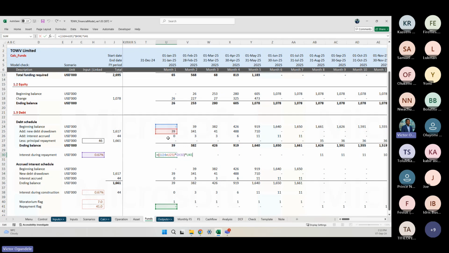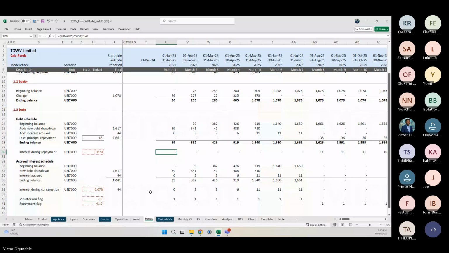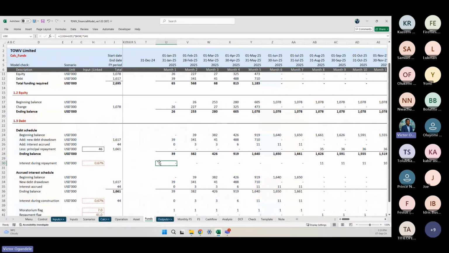As I said, we assume it is more like a month, so we are assuming an end-of-the-month debt drawdown. Which means if I take a debt this month, I'm not going to pay anything this month. My repayment starts next month, so it's not to get a circular reference.